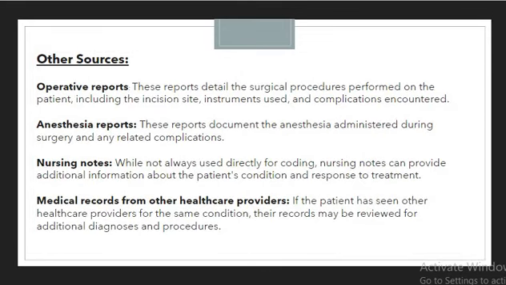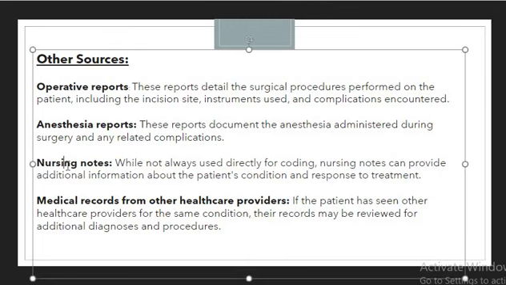All right. Apart from these, there are some other sources as well, like operative reports. These reports detail the surgical procedure performed on the patient, including incision site, instrument used, and complication encountered. Then we have anesthesia reports. These reports document the anesthesia administered during the surgery and any related complication. There is one more term used, which is nursing notes.